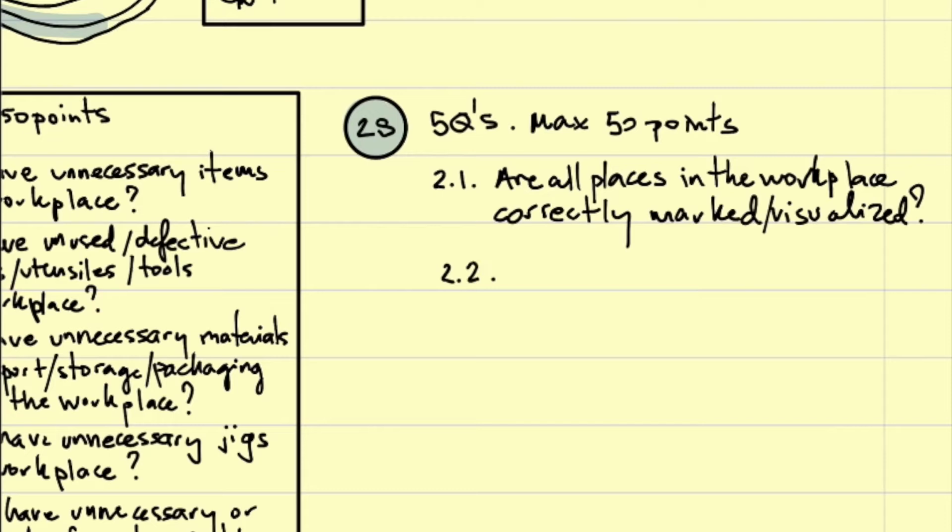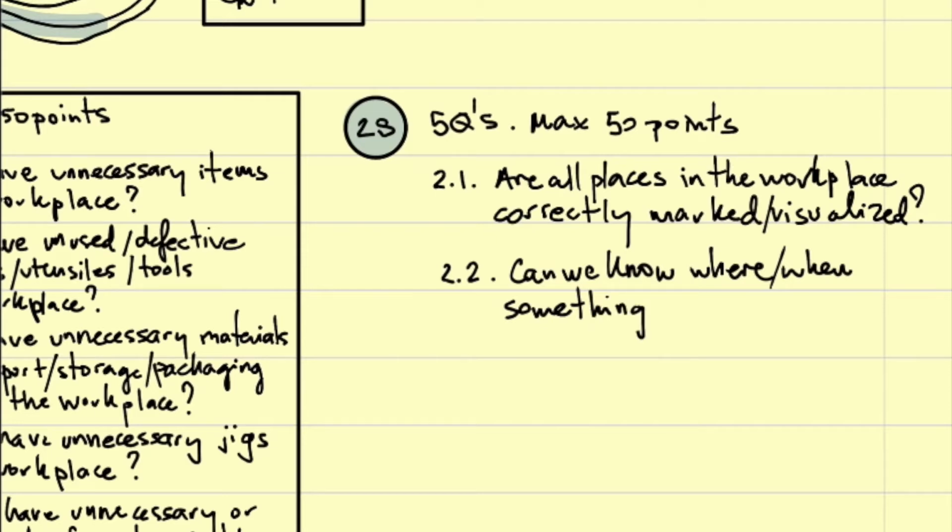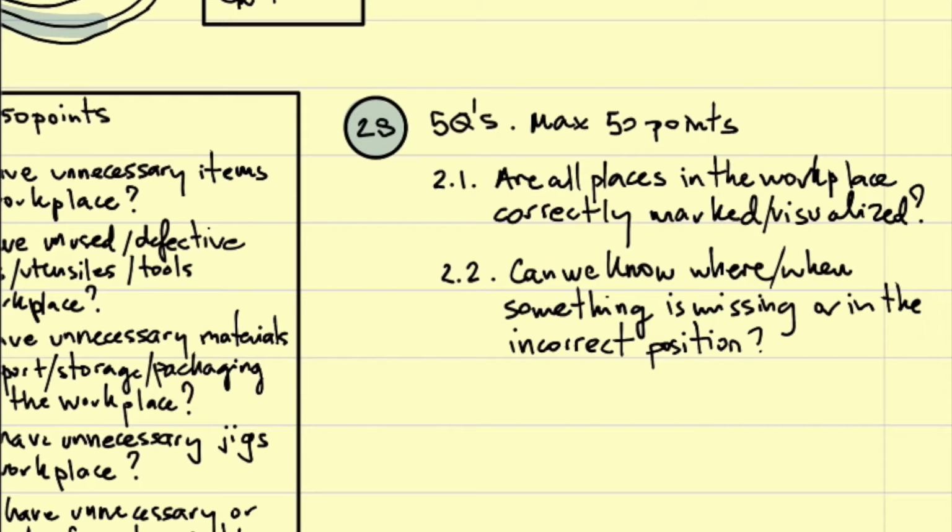2.2: can we know where, when something is missing or in an incorrect position? 2.3: are all ways visualized at the workplace?